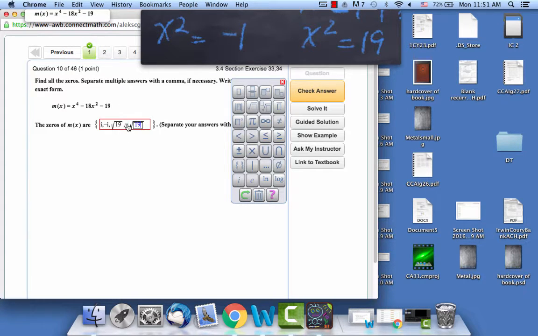Oops. Negative. Geez, that kind of turned into a beating. Be careful putting an equal sign.